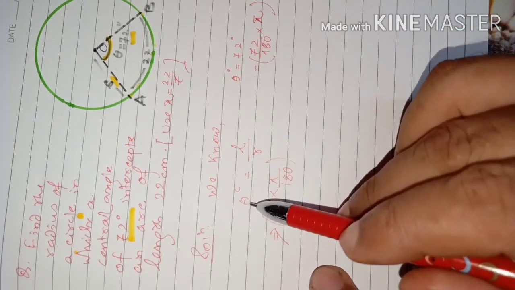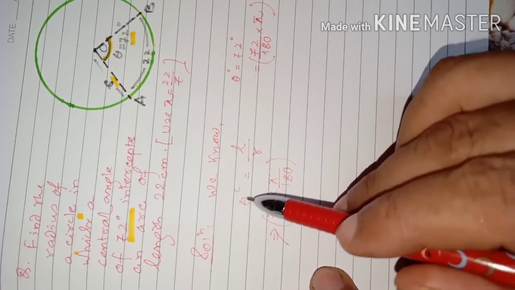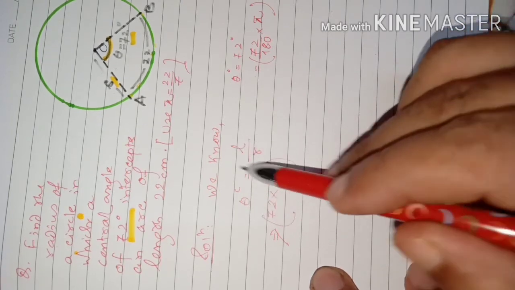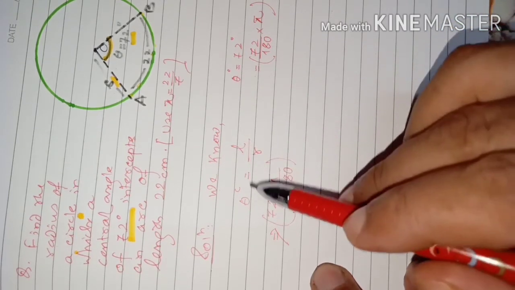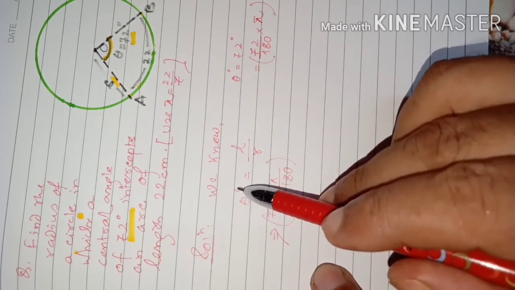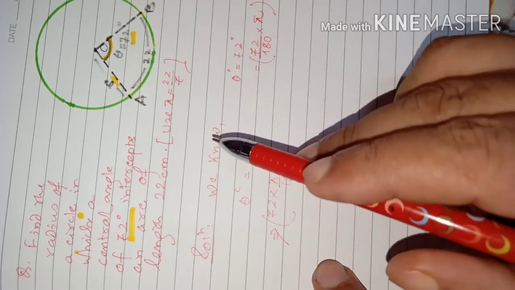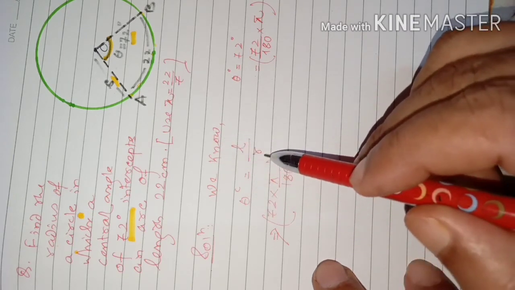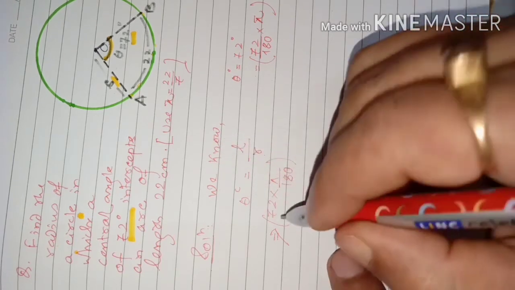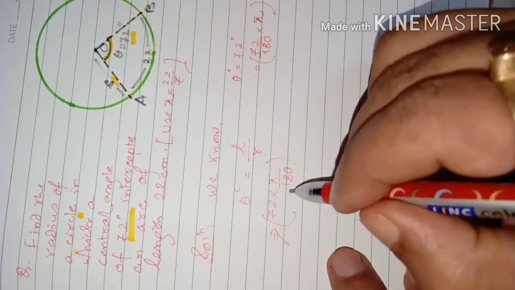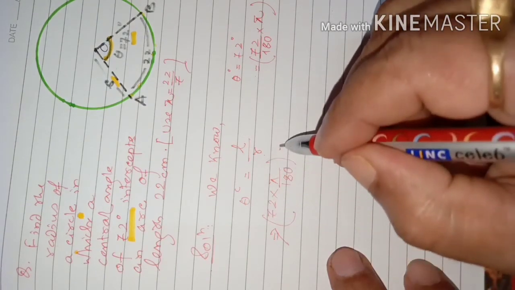First we have to convert the angle into radian measure. For radian measure, this relation holds true. So radian measure of an angle is equal to the length of the arc which subtends the angle at the center of a circle divided by the radius of the circle. Clear?